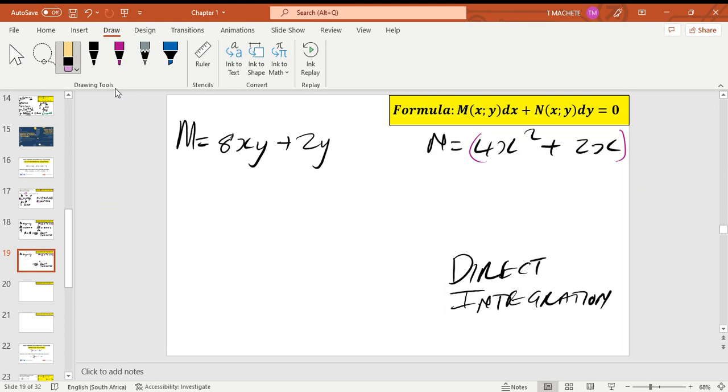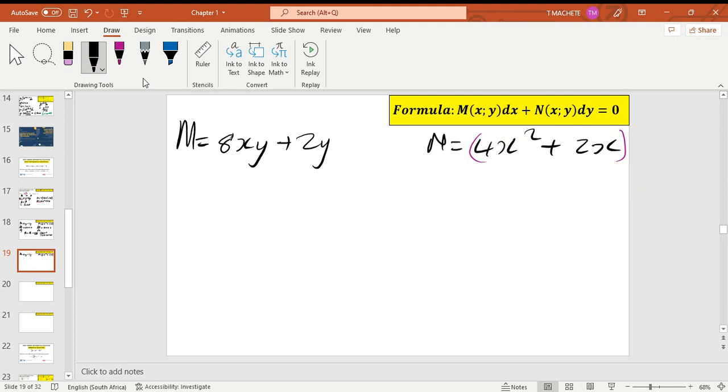You do this only if they are equal, only if m and n are equal. So you first check if they are exact. Then if they are exact, that's when you can integrate. So since n is equal to m, then you do direct integration.